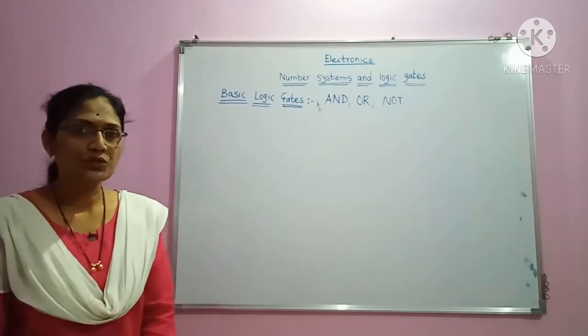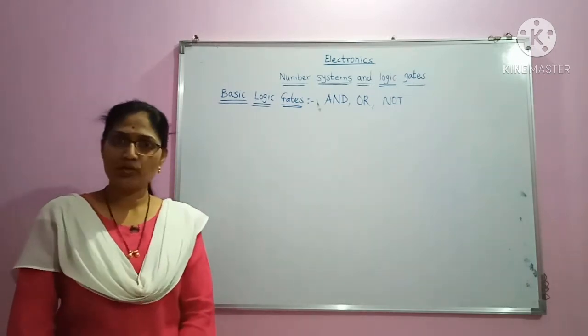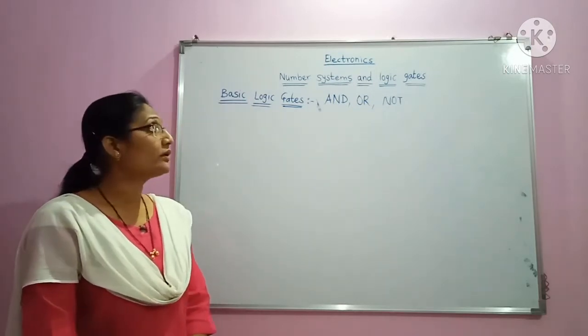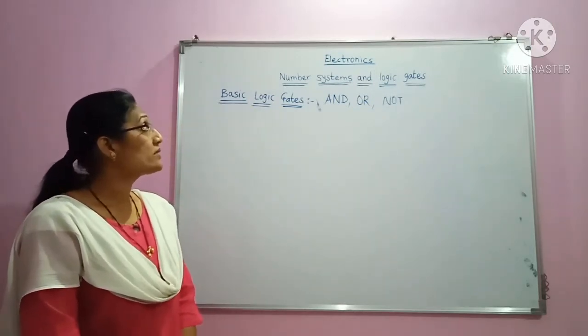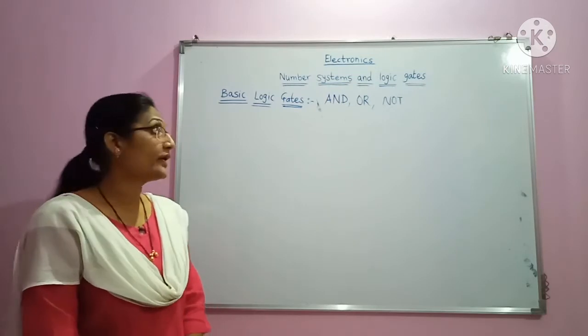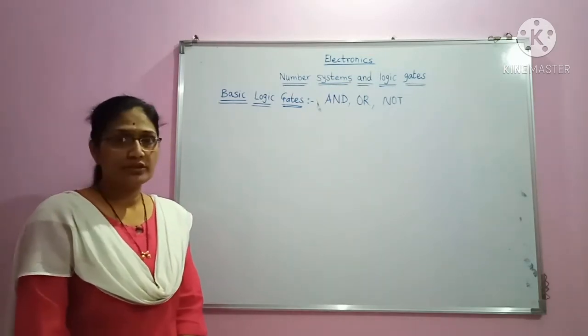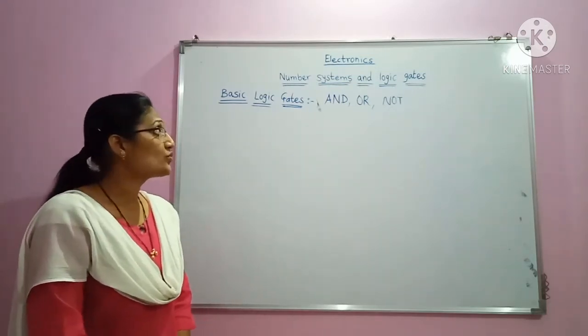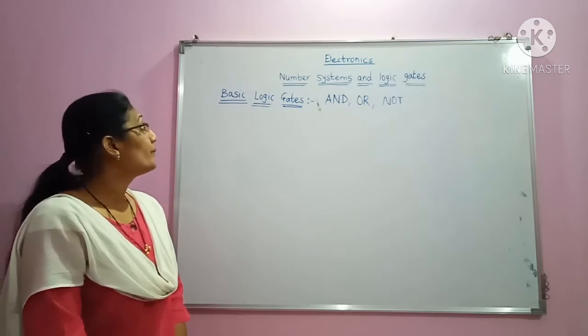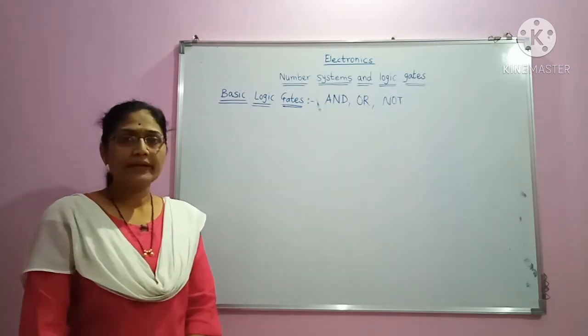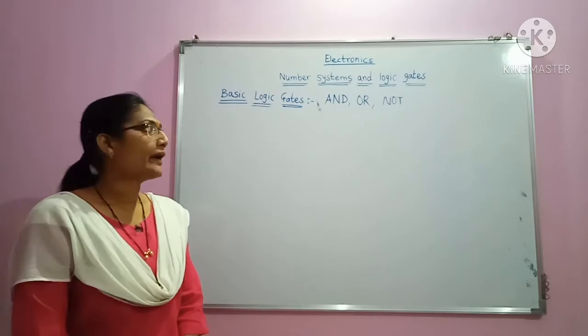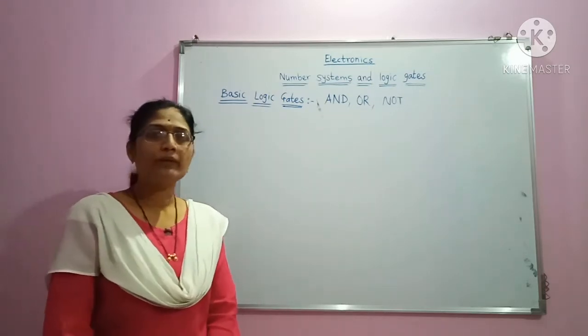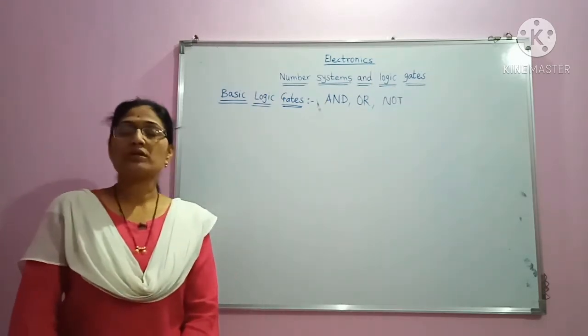We have started our chapter related to number systems and logic gates, and we have covered the points related to number systems already, and we have started the logic gates. In our previous lectures, we have finished the basic logic gates, that is AND gate, OR gate and NOT gate, and also we have started looking into the universal logic gates.